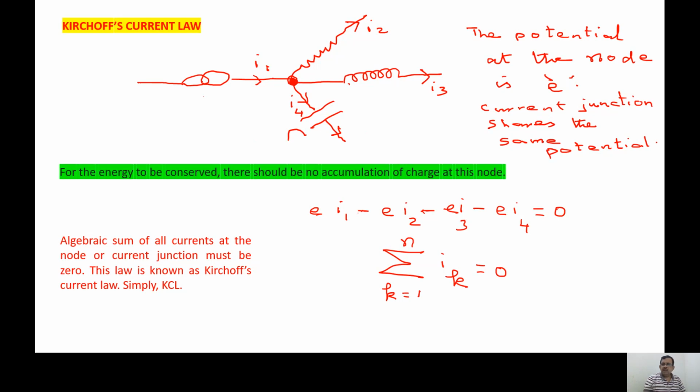This is an important fact. Now the statement goes like this: the algebraic sum of all currents at the node or current junction must be 0. This law is known as Kirchhoff's current law, or simply KCL.